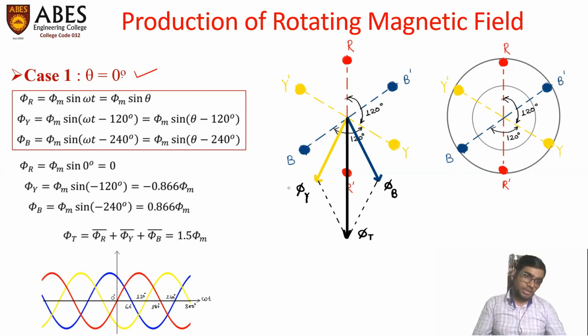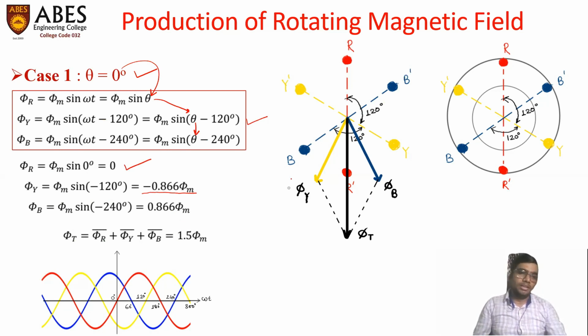If we substitute the value of theta in these equations, we get phi r equal to 0, since sine 0 is 0. Substituting theta equal to 0 in expression 2, we get phi y of negative magnitude, that is minus 0.866 phi m. Similarly, phi b at this instant will be 0.866 phi m.